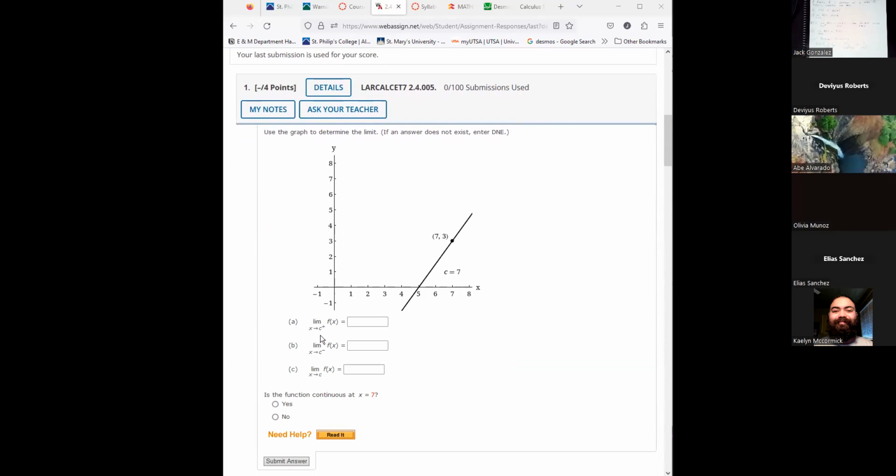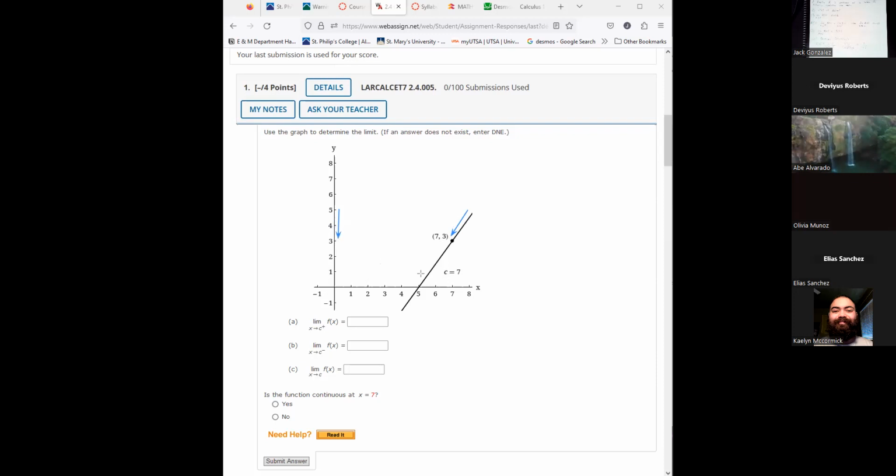As we approach c, which in this case is 7, from the plus side, meaning the right side, the y value is approaching the number 3, right?